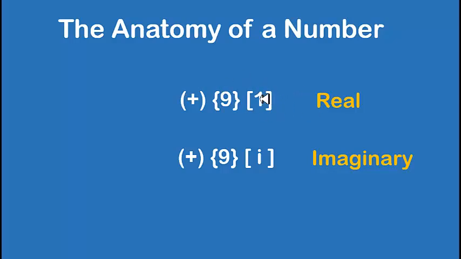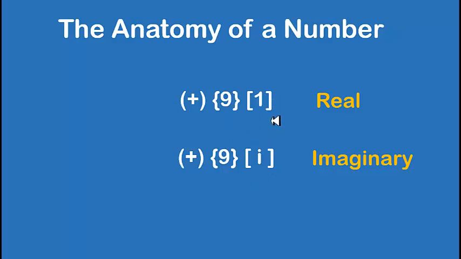Now, because real numbers kind of came first, we generally don't write the identity of the real number every time we write a real number, but this is what we're going to do in this video, because we need to distinguish between real and imaginary numbers, and the way we do that is with these identities. You can imagine that these identities identify the number.